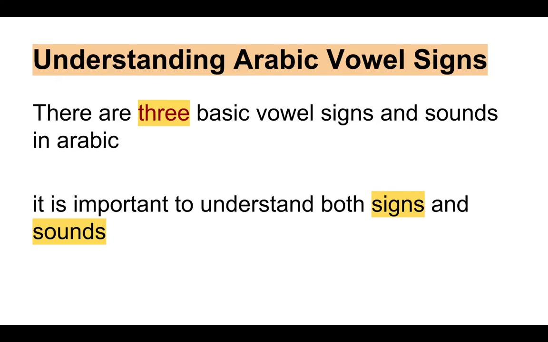So, today we will be learning about the Arabic vowel signs. There are three basic vowel signs and sounds in Arabic, and it is very important to understand both the signs and the sounds to understand the language of the Quran. So, what are these signs?